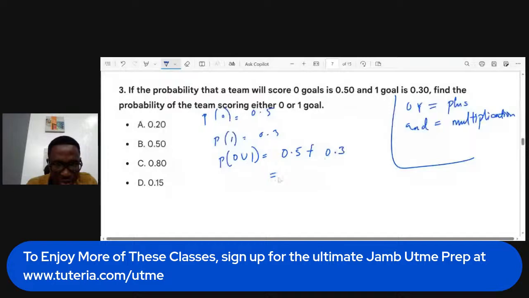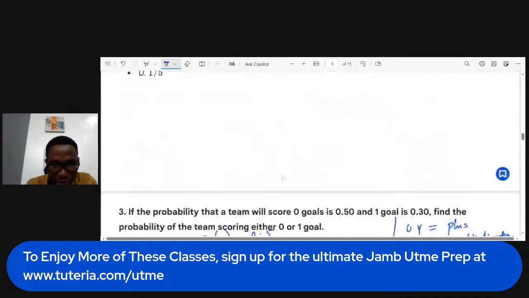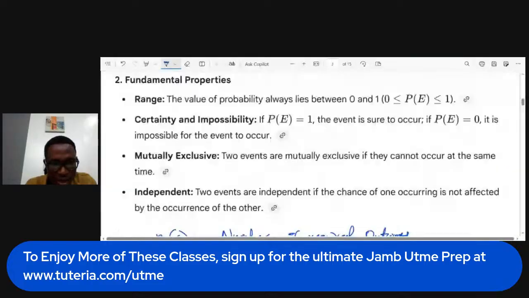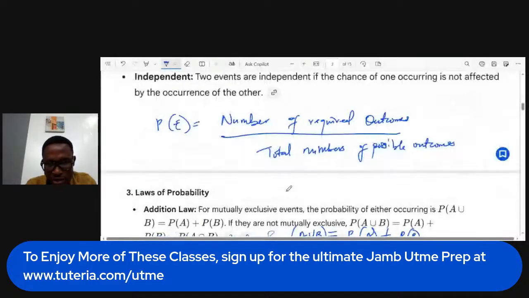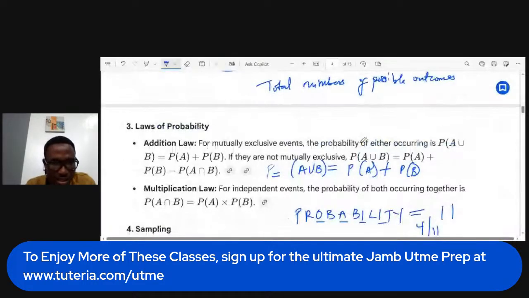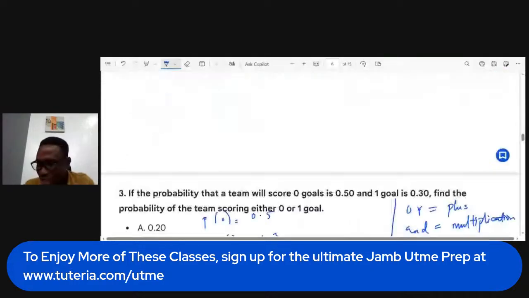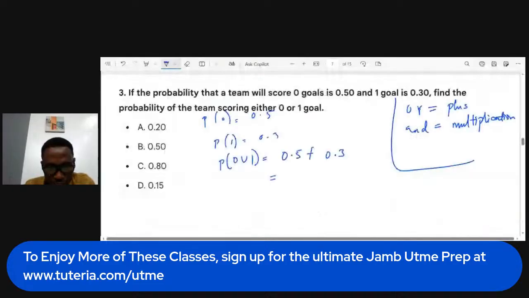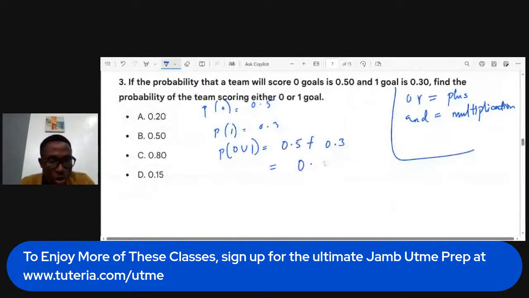Let me scroll down to where we have the formula again. This is the addition law. For mutually exclusive events, the probability of either occurring is P of A plus P of B. And that is what we are applying here. So if you add this together, what do you get? 0.8. And that's where we'll be stopping for today.